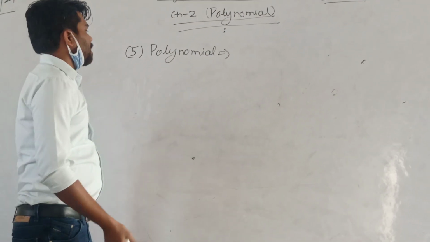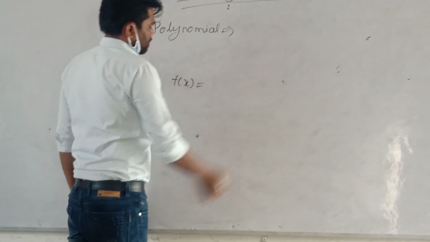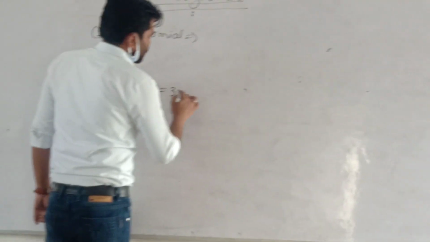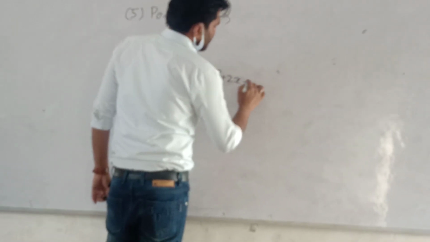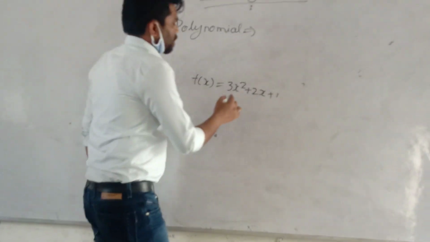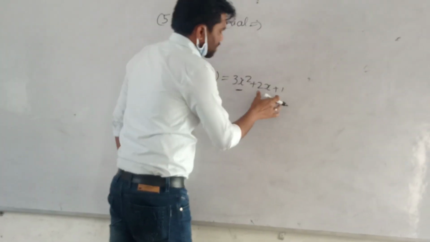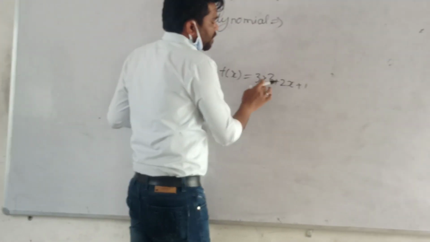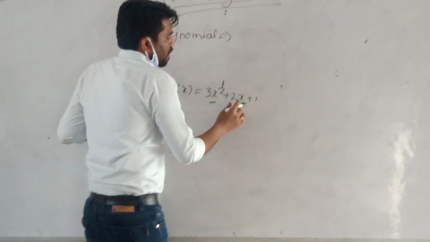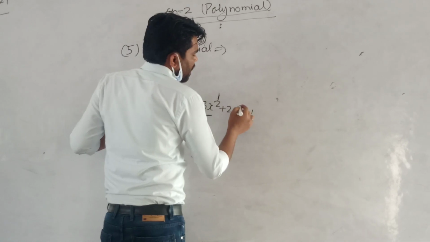Like, we write an algebraic expression 3x square plus 2x plus 1, in which we see that the variable involved is x. This is an algebraic expression in variable x. The power of variable x is 2. In this term, the power of variable is 1.